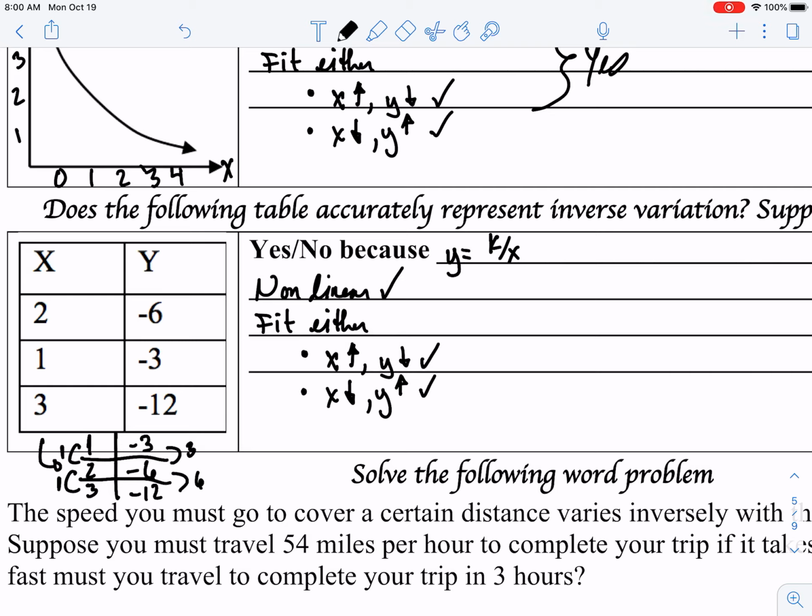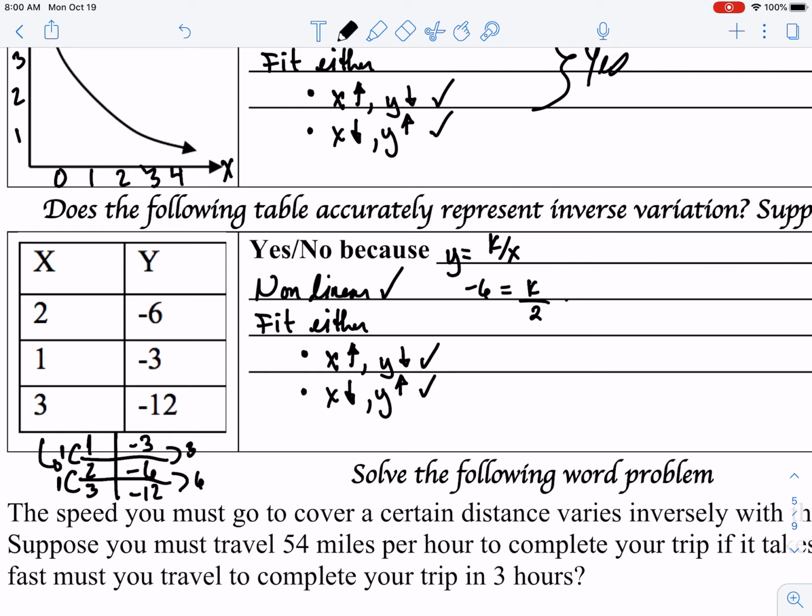Now, for these, because I don't have a picture, you could graph it if you wanted to, but I'm going to show you how you can pick a couple of points and test this. So again, if I know y is equal to k over x, I'm going to plug in some values here. So when y is equal to negative 6, x is equal to 2.